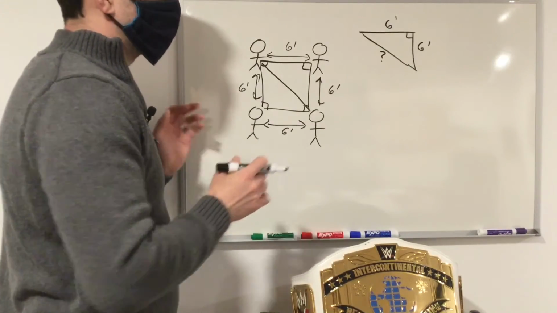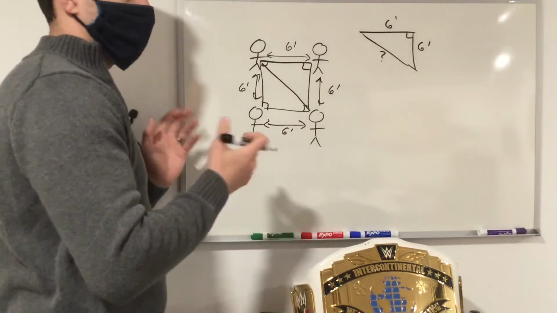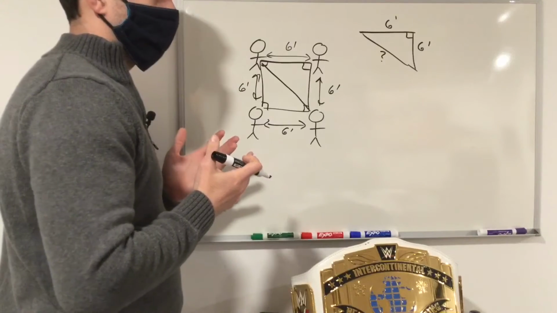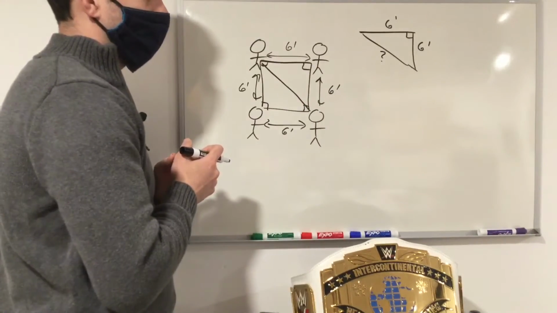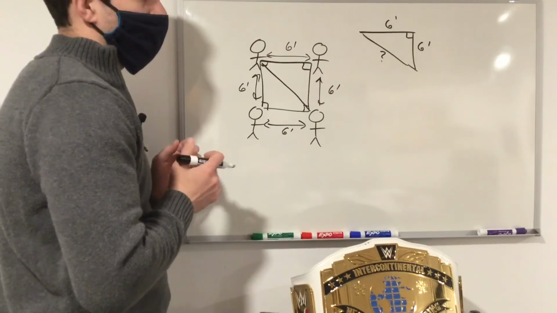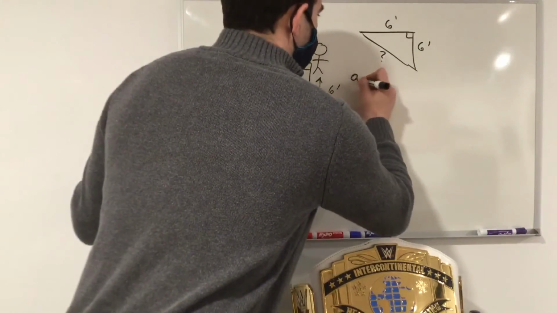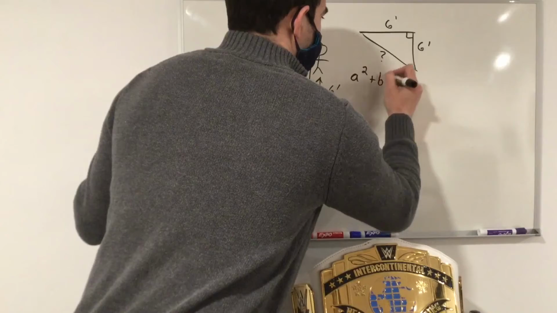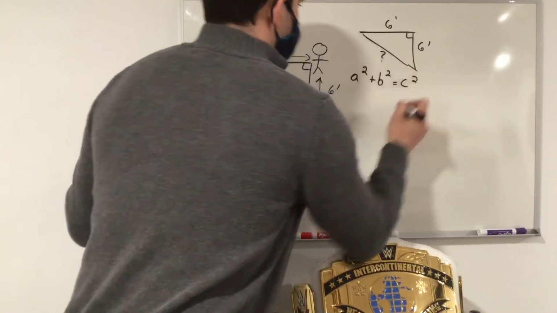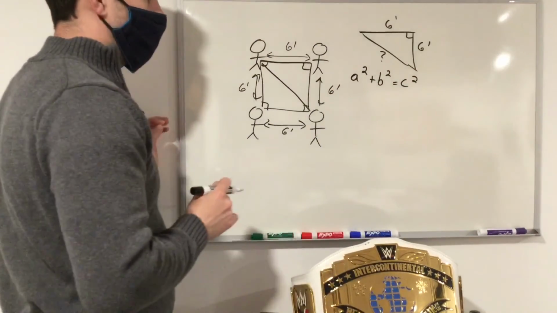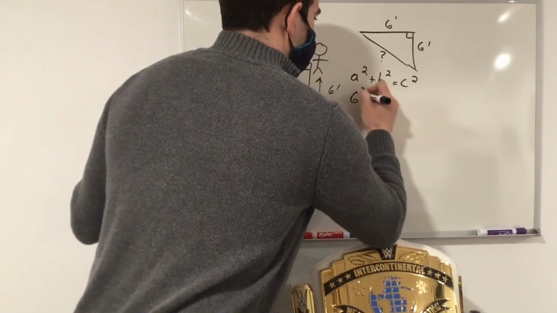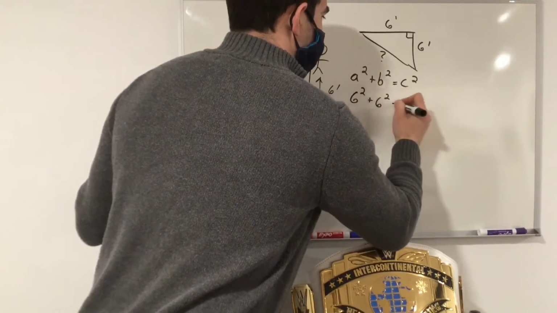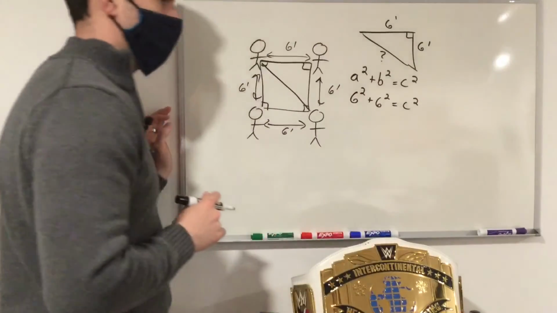Using the Pythagorean theorem, special right triangles, or even right triangle trig, I could figure out what that side length is. I'm going to use the Pythagorean theorem. If you recall, a squared plus b squared equals c squared, and my a and my b are my legs here, so I have 6 and 6 equals c squared.